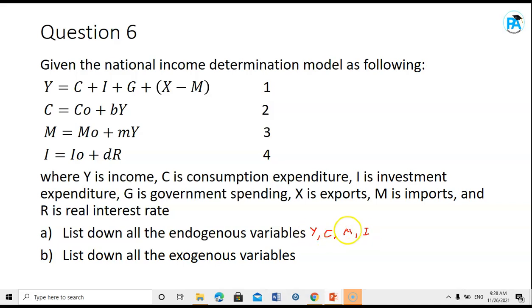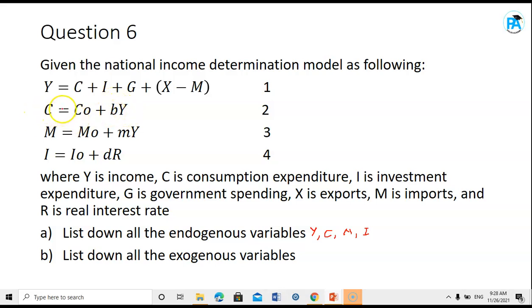Now, the reason they are endogenous variables is that, going by the definition, an endogenous variable is a variable whose value is determined by the model. Now, look at this Y. You found Y here by summing C + I + G + X - M to get Y. Before you use it here to find what?